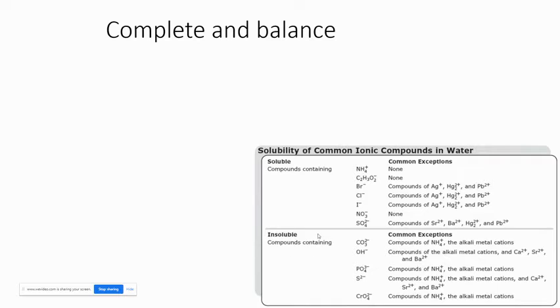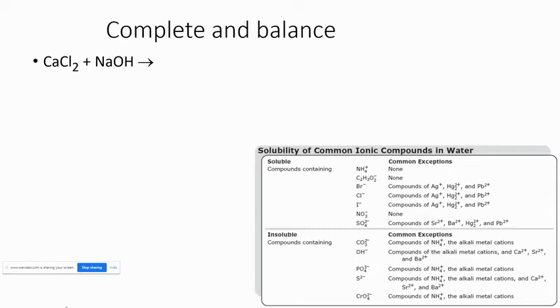Same chart right here. We're going to have our first thing. We have calcium chloride. Okay. Chlorine, right down here, is always soluble. Let's see. We're going to get out our pen right here. Sorry, chlorine is always soluble unless it's with silver, mercury, or lead.